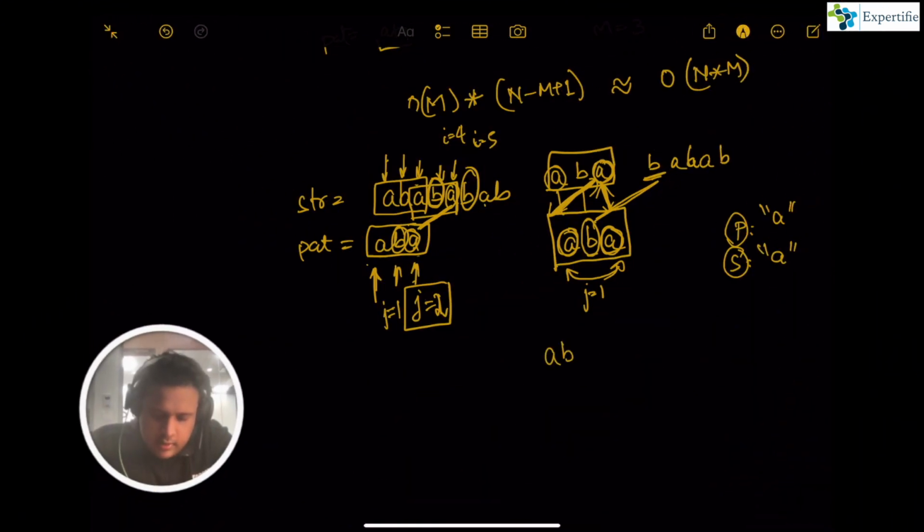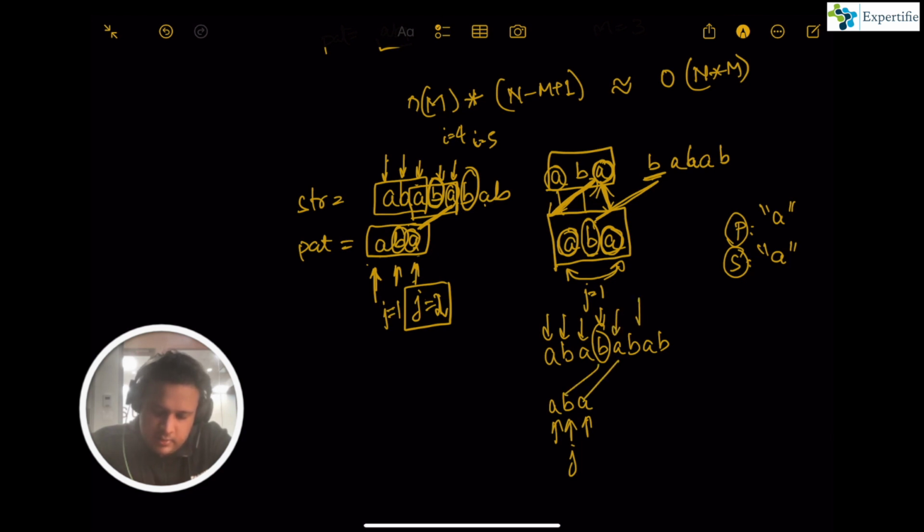Okay, let's do a dry run again in this example. Till here brute force and KMP are the same, but when B comes, then we take j back to here, B and B match, A and A match.